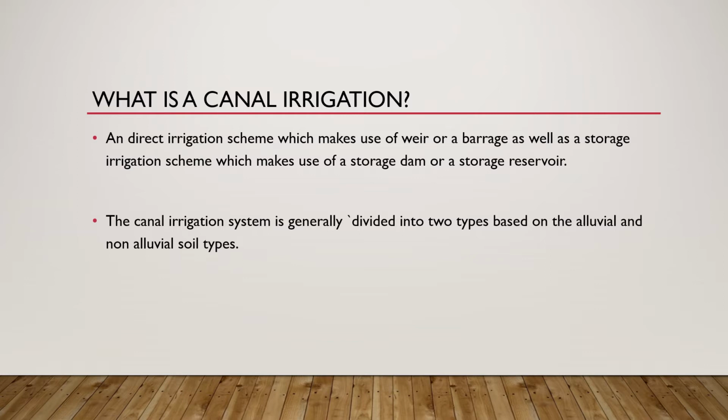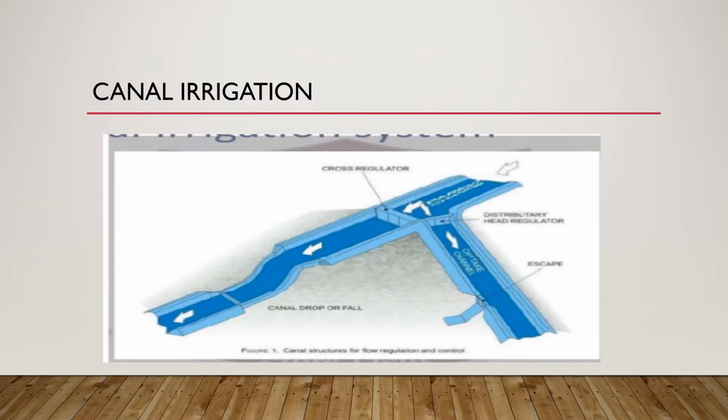Okay, in this slide you can see what a typical canal irrigation looks like. The first canal line, which is going at the top, is the main canal or the main waterway, from which the water flows continuously, and there is a diversion canal ahead of this on the right side, which is attached to a distributary head regulator present at the right side end.